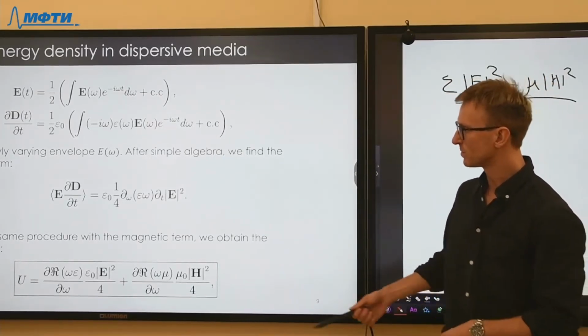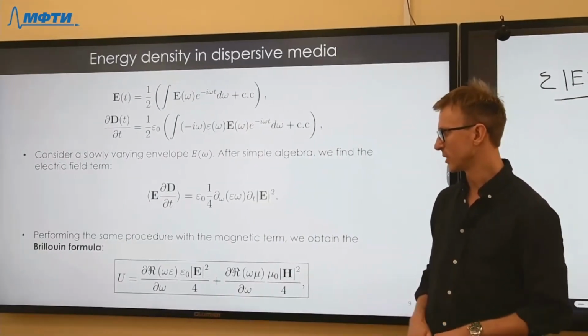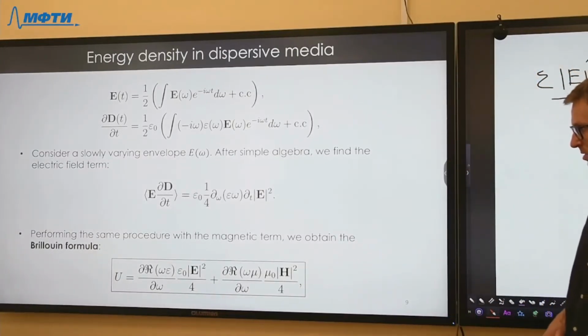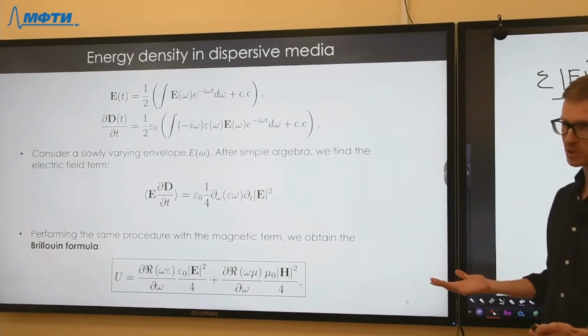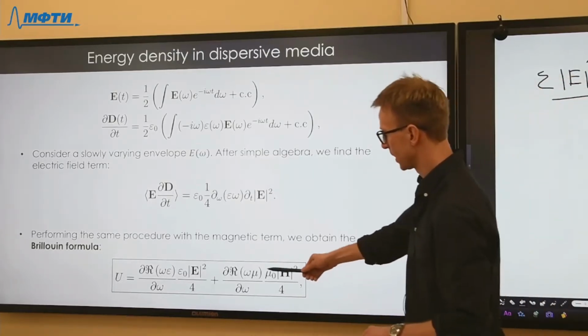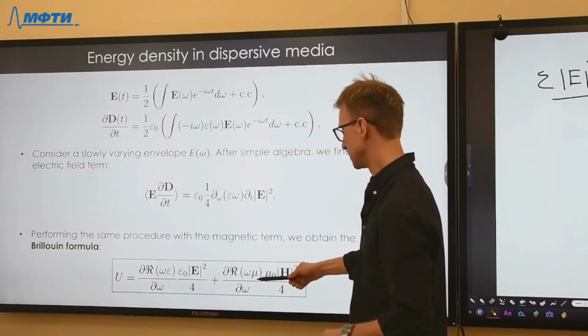But it also provides some interesting criteria for dispersive permittivities and permeabilities, because we know that in weakly dispersive media, the electromagnetic energy has to be positive. So these two terms need to be positive.